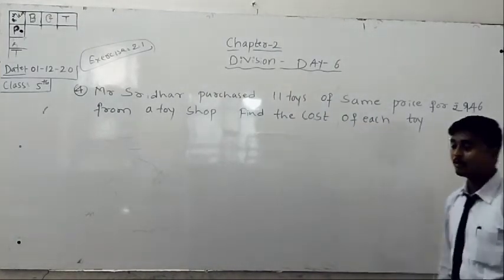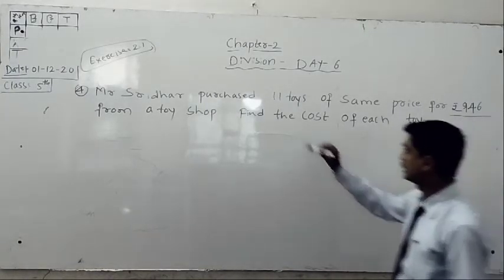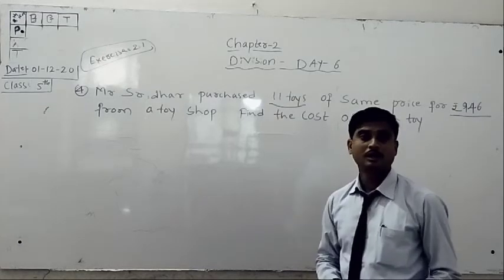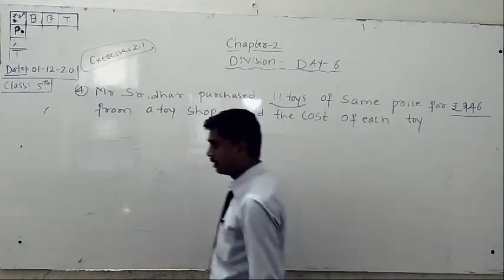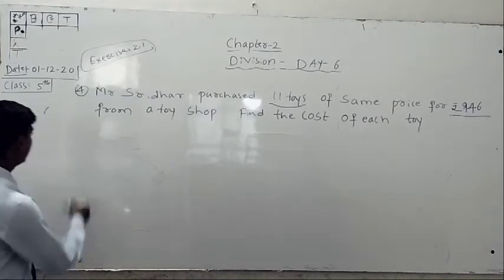He given total amount 946 and the number of toys is 11 only. Then how much would the cost of one toy be? Then you have to find out.